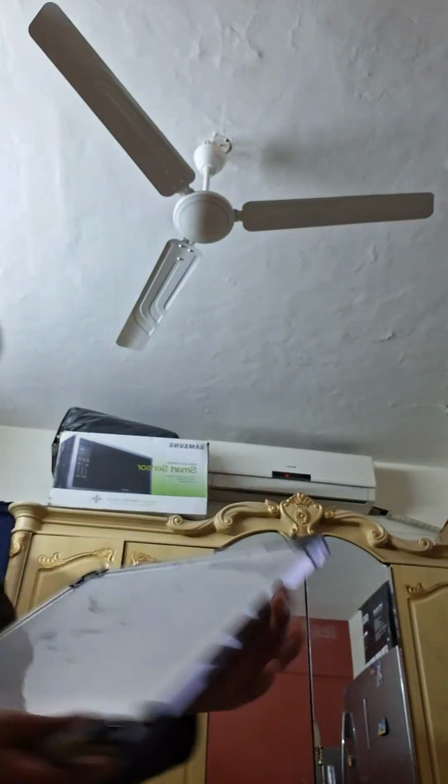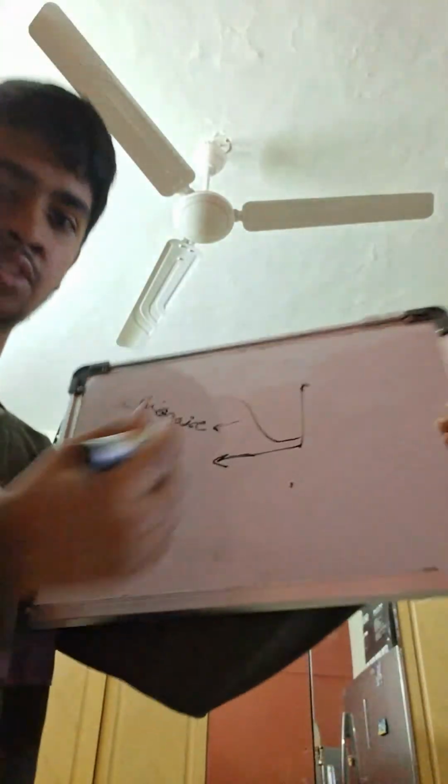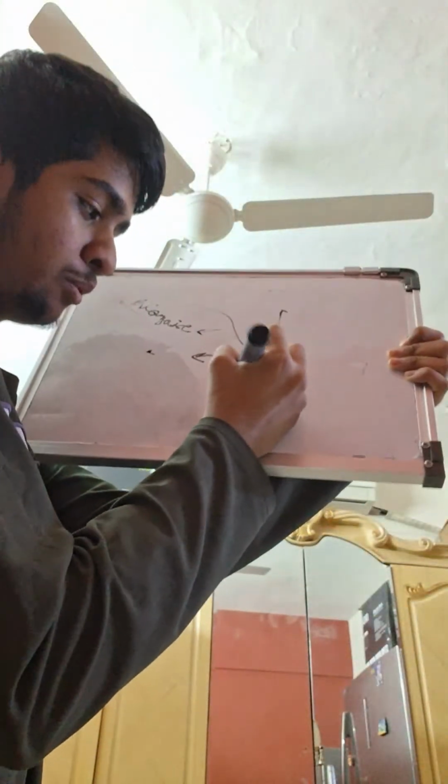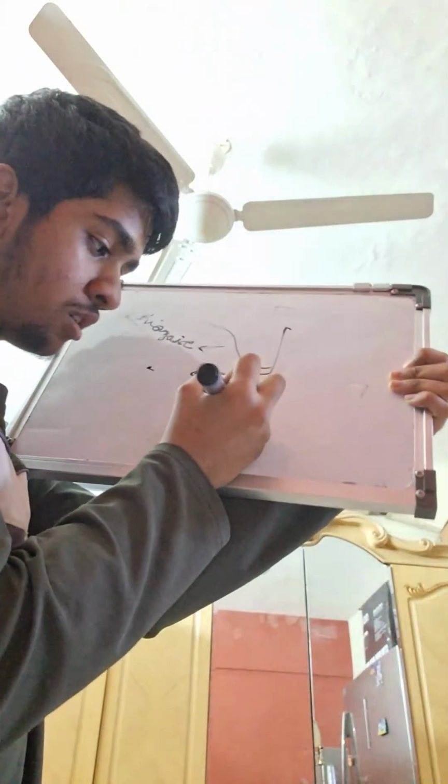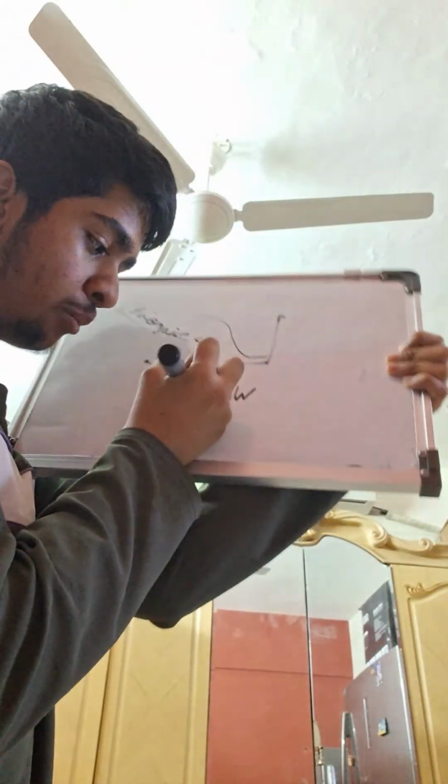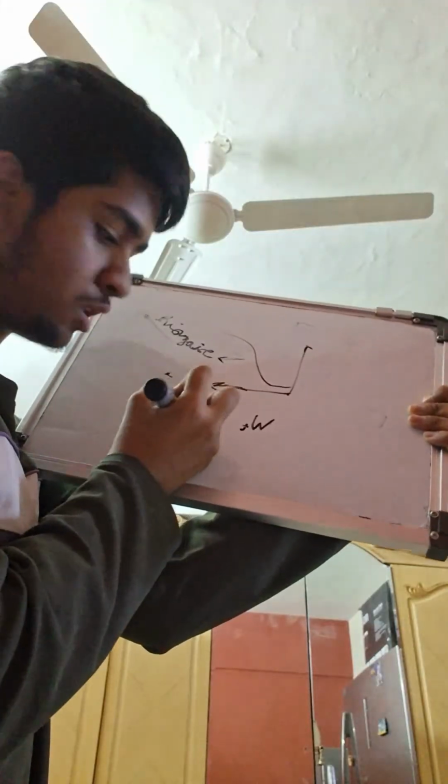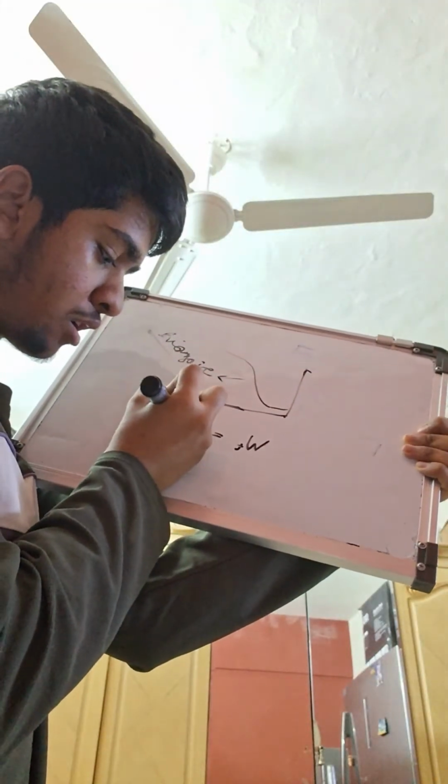Now let's start off with this one. Let's say I have a graph. This graph is given as Wt equals W naught e raised to rt.